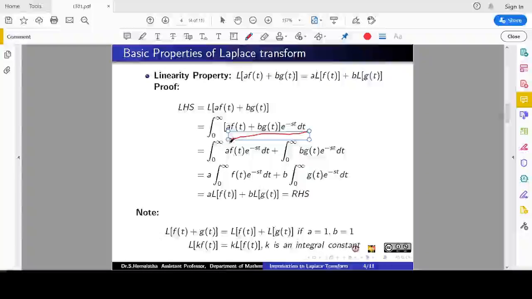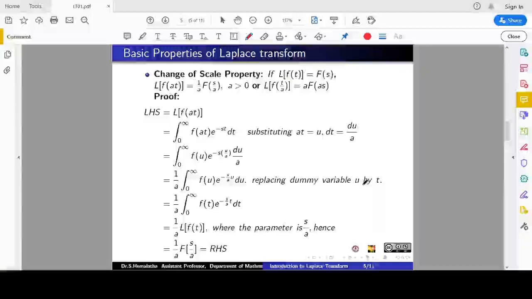Instead of the function, we replace it by our function a f of t plus b g of t. Integral properties let us split the function, so splitting is done, and you can pull out the constants a and b and rewrite, so we get the linearity property. And these are some particular cases which you can go through and learn.